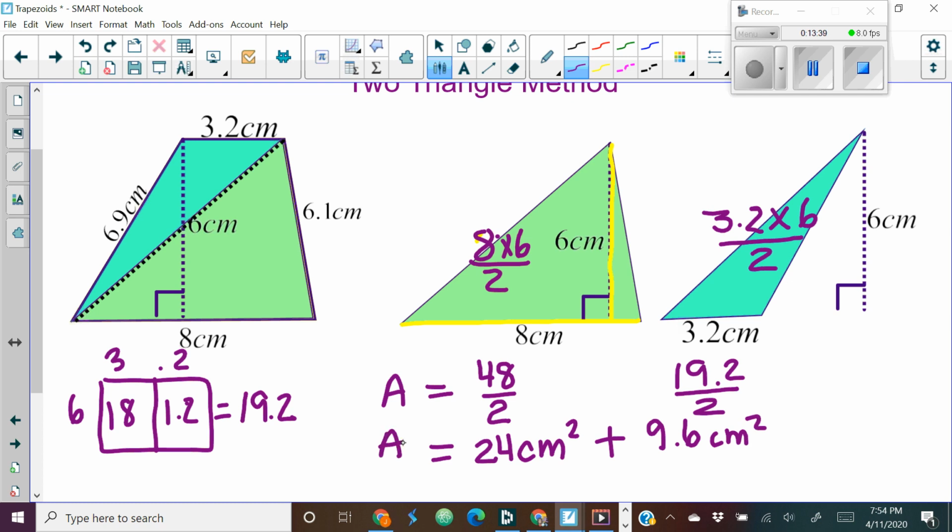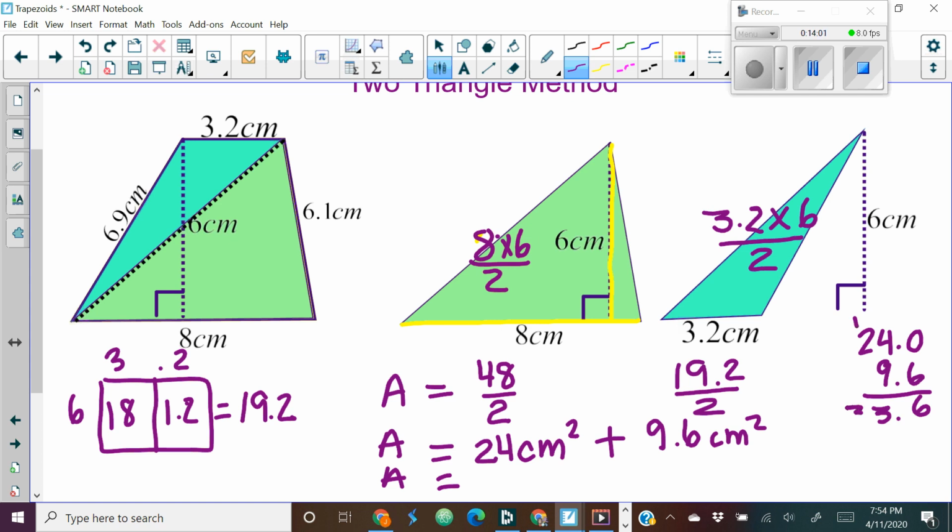So the final area of this trapezoid is 24. Do a little more scratch work. Plus 9.6. A lot of you can do that with mental math, and that would be okay.